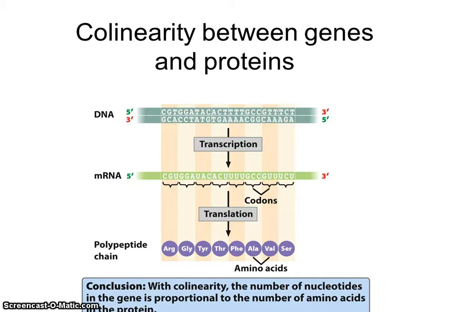Okay, so when people were first discovering DNA function and examining the relationship between DNA, RNA, and protein and uncovering the central dogma, it was at first thought that there was a 1-to-1 correlation, well, technically a 3-to-1 correlation, between the nucleotide sequence in DNA and the sequence of amino acids.